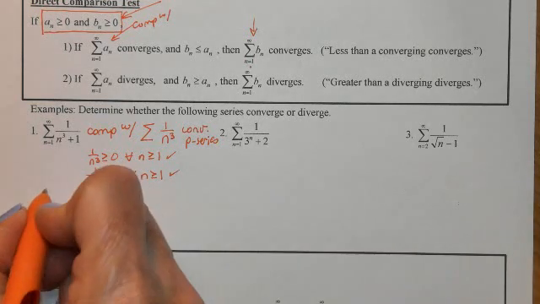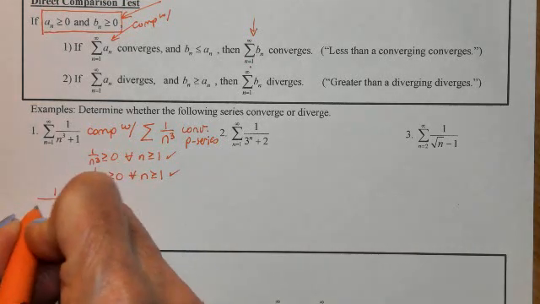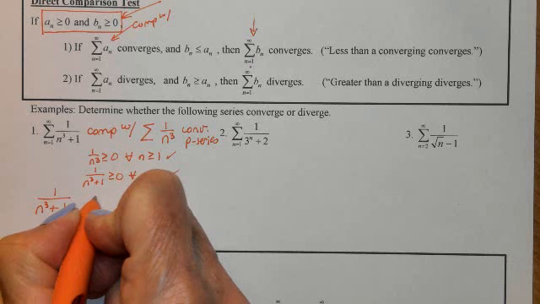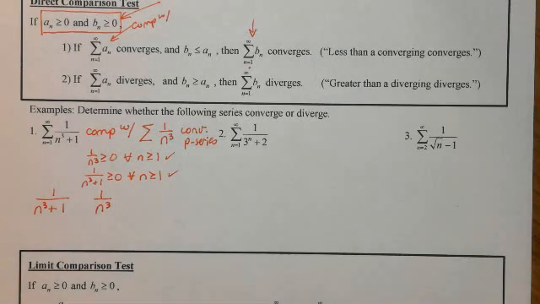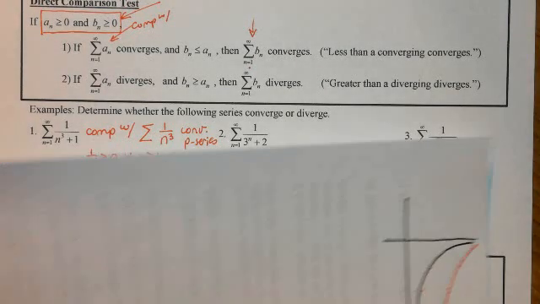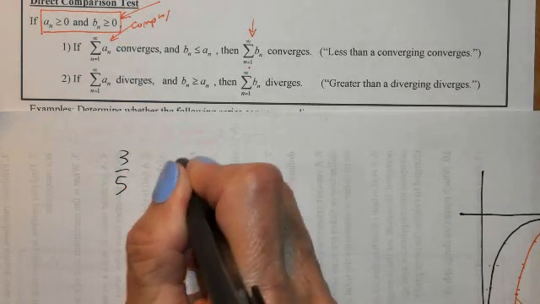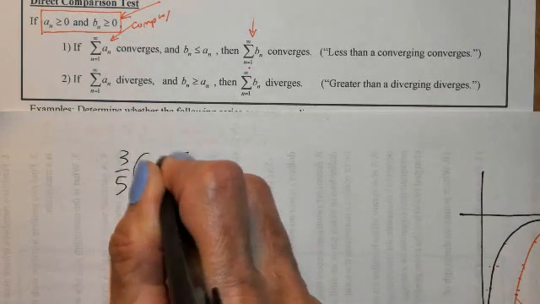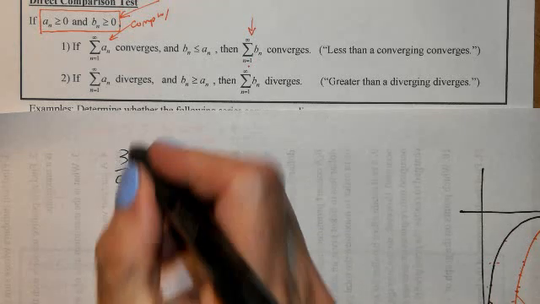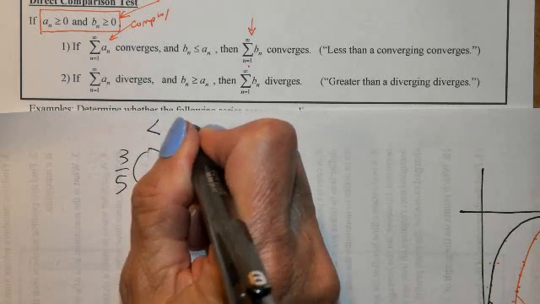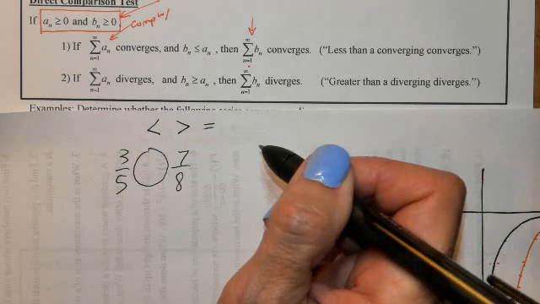To use the direct comparison test, do you remember back in elementary school when you were comparing things? Your teacher would say, okay, 3/5 and 7/8, how do they compare? And you would have a circle and fill it with either a less than sign, a greater than sign, or an equal to sign.